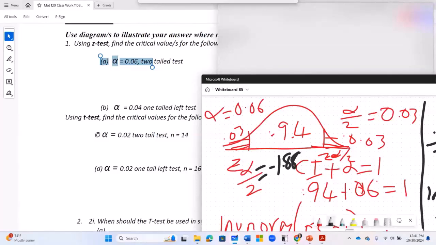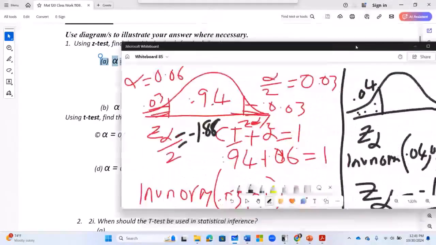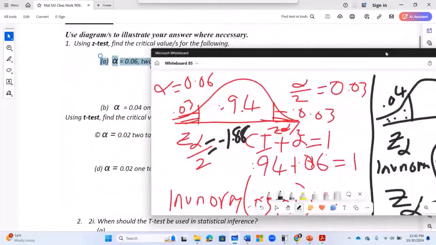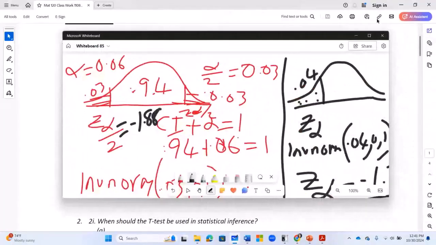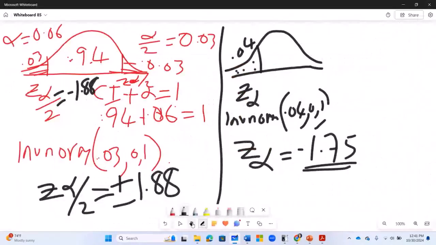A t-test uses degrees of freedom. Just because this is one sample, I will have n minus 1 degrees of freedom. So remember, this is two-tailed, alpha is 2%. So I'm doing number 1C, and this is a t-test. Area on both sides is equal to 2%.